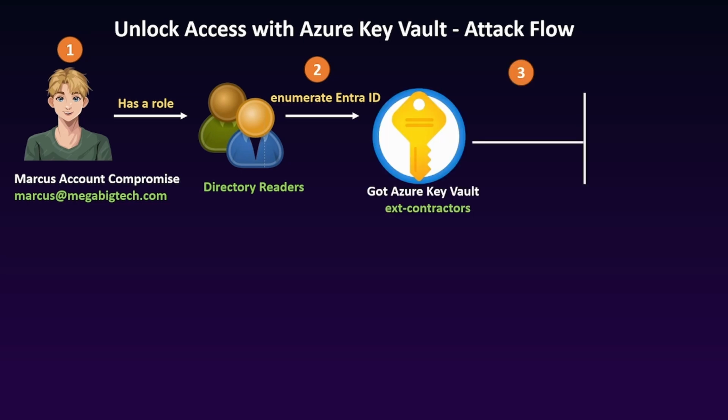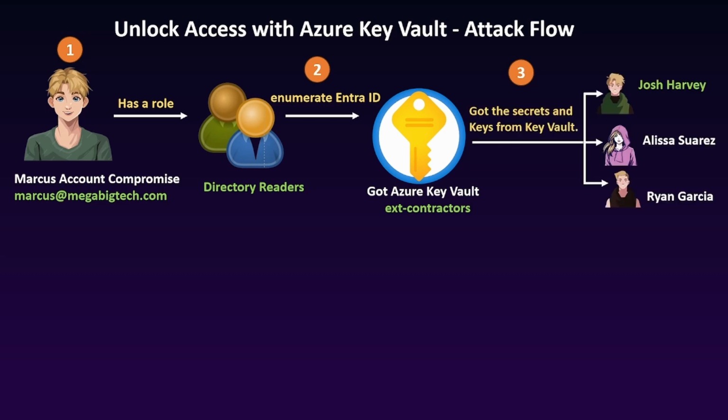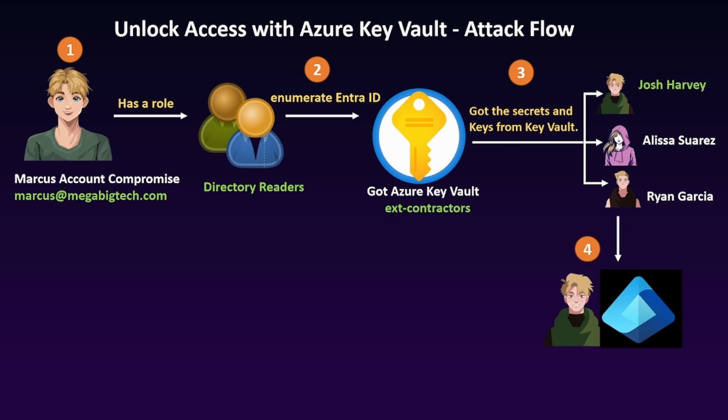We then enumerated the Azure resources and found the Azure Key Vault named ext contractor. Okay, this Marcus user can view and list the Azure Key Vault, and inside this vault we have seen users like Josh, Harvey, Alyssa and Ryan, and we have also retrieved their password.